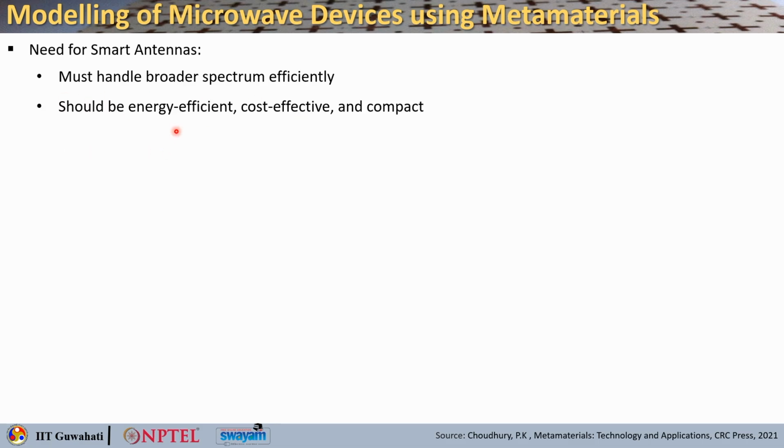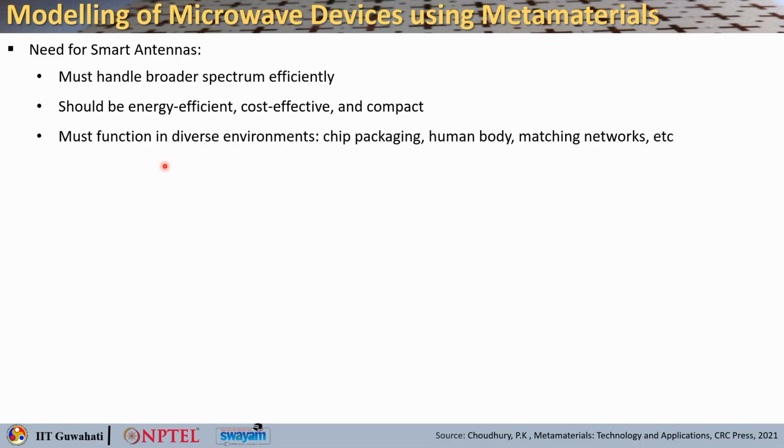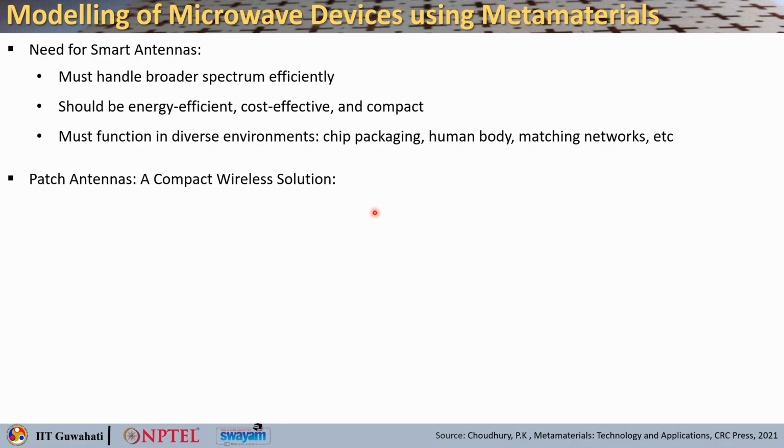They must be energy efficient, cost effective and also compact, and must function in diverse environments, like chip packaging, human body and matching network, etc. So, they should be able to operate in all these different environments. One of the possible candidates for compact wireless antenna systems is the patch antenna, right.